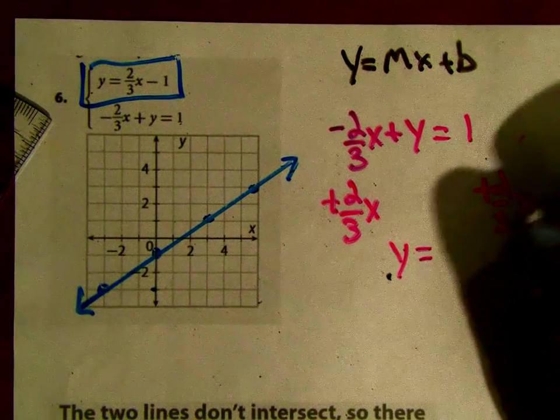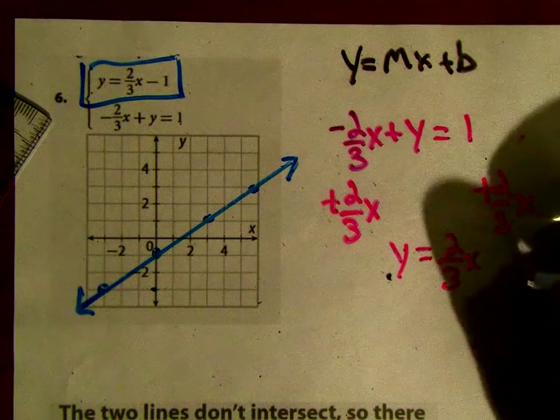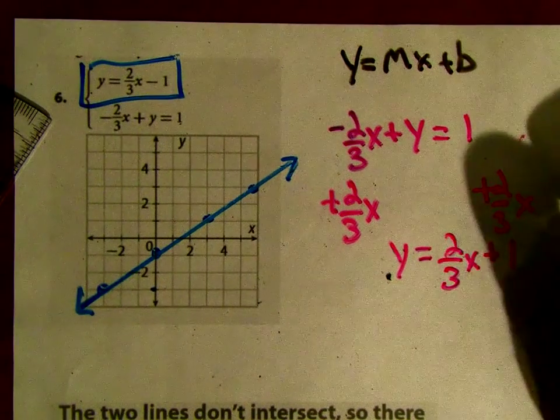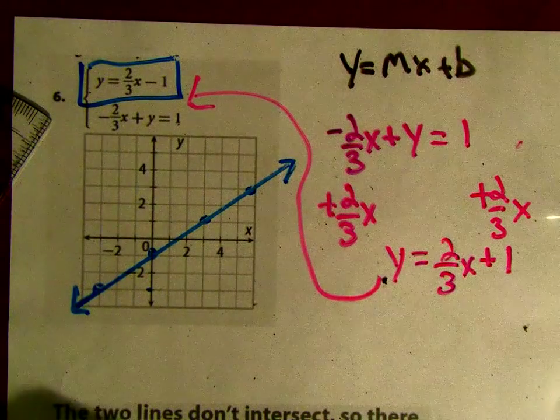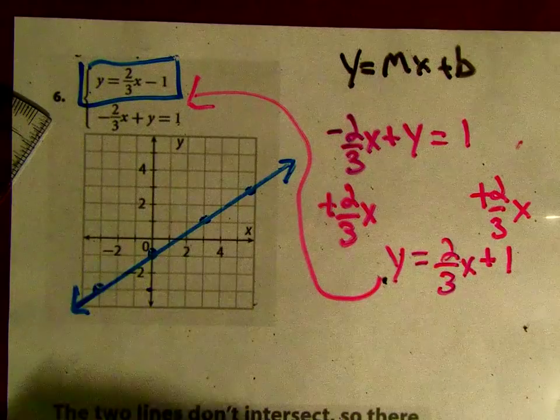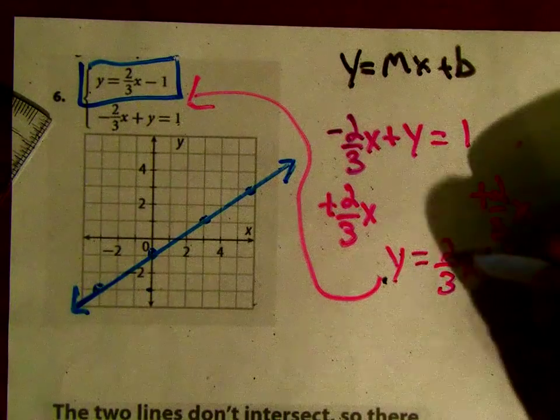Put my x term in front. Bring down a positive 1. So this almost looks like the first one. It's only one difference. You've got a positive 1 instead of a negative 1. But the slopes are the same.